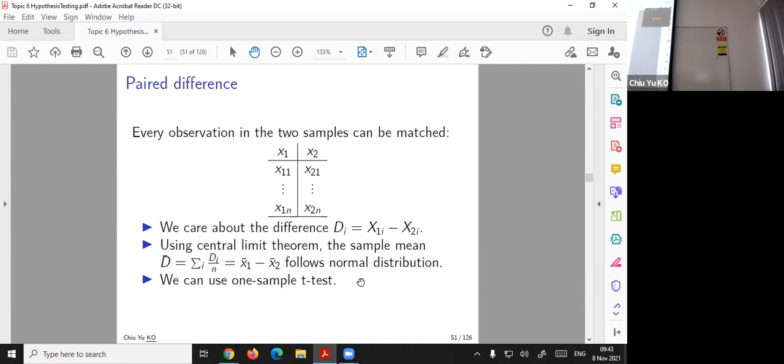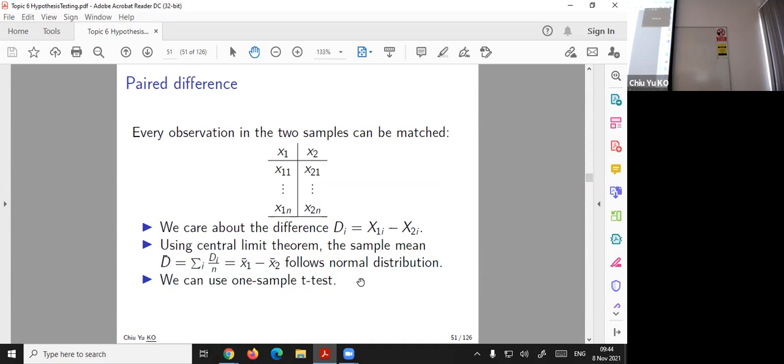Is it clear what we are measuring? This difference. Because the difference is what you care about, actually this is only one variable. You can find the sample mean of it, and this is the standard one-sample test, which involves only one variable. Is that clear?